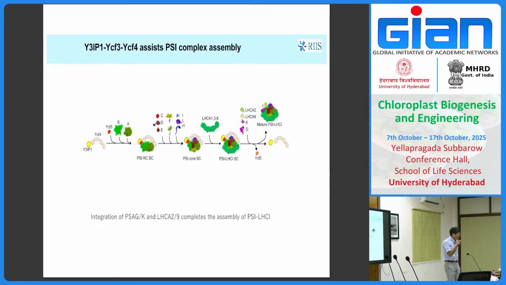So this situation is difficult, right? For example, if this is 1%, then 99% is mature PS1 and only 1% you have to find. It's difficult with biochemical methods.